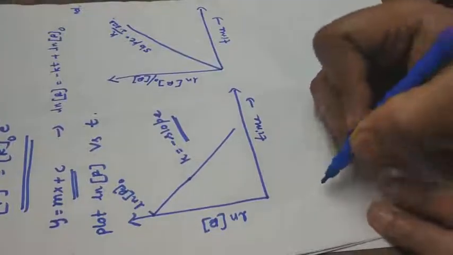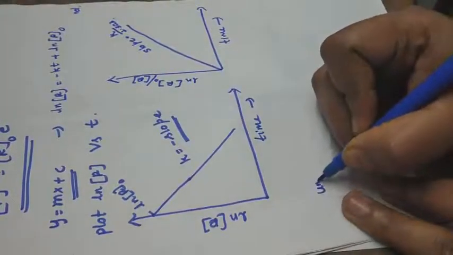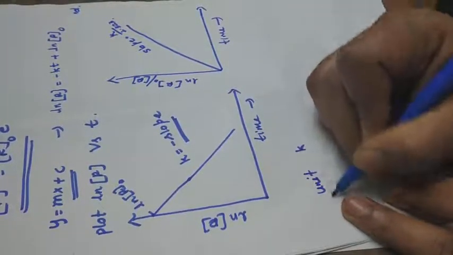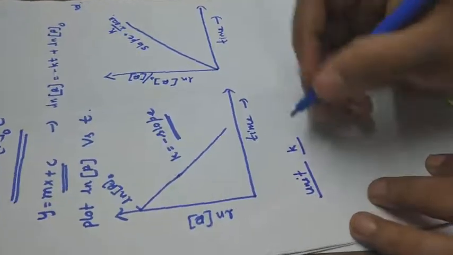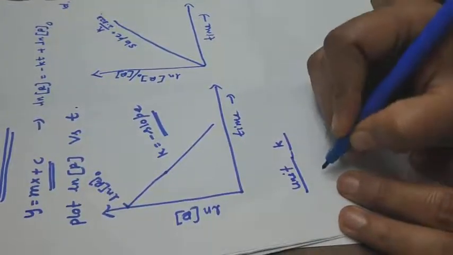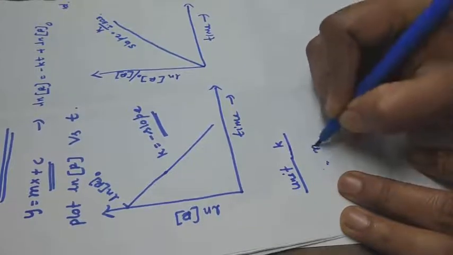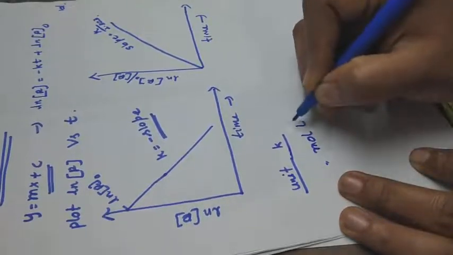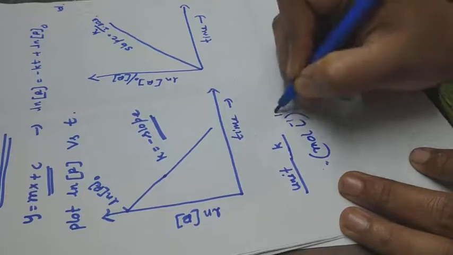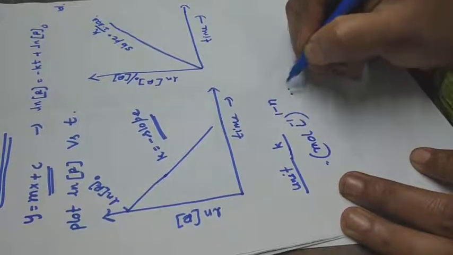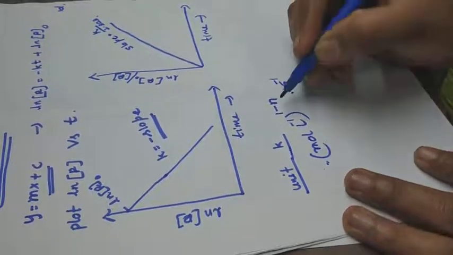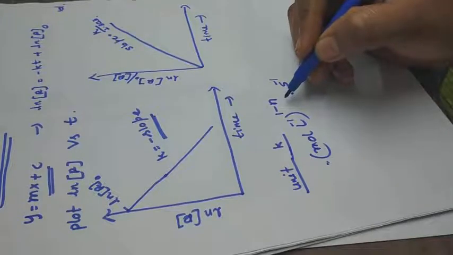What is the unit of the rate constant k? We know the trick that k equals mole per liter to the power 1 minus n into per second, where n is the order of reaction.